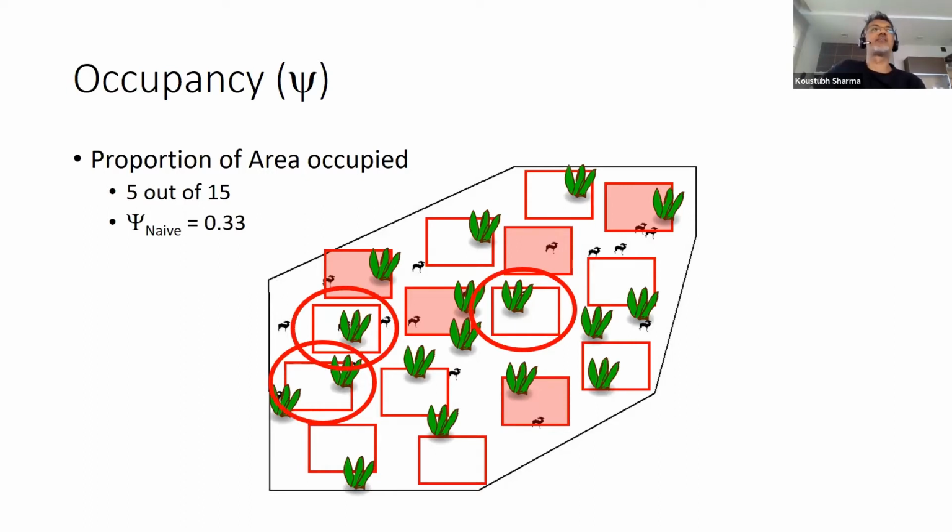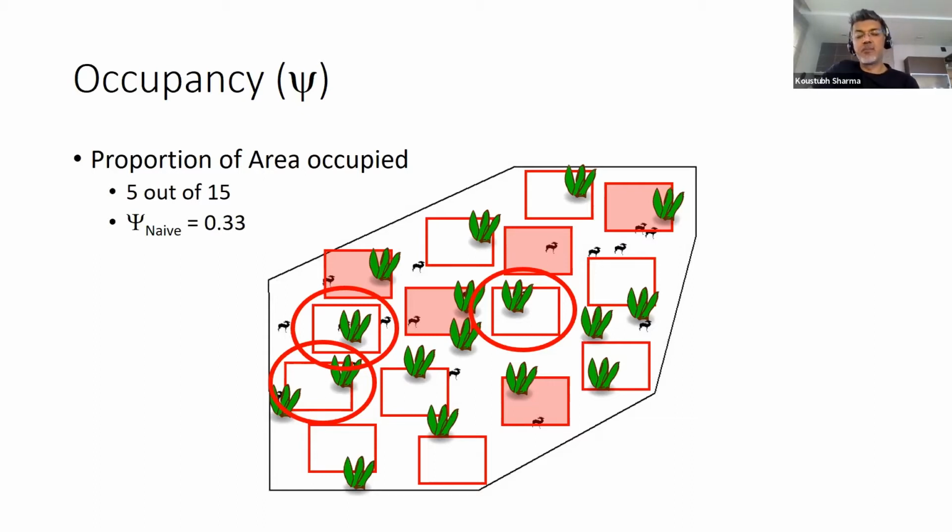An occupancy estimate, or a probability of a species using a sampling unit or a study area, which does not take into consideration the detection probability, is called the naive occupancy estimate.